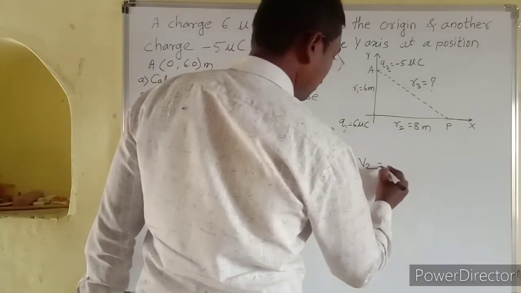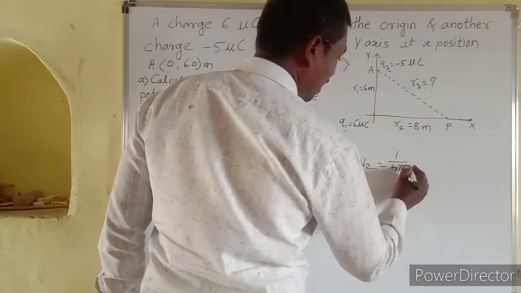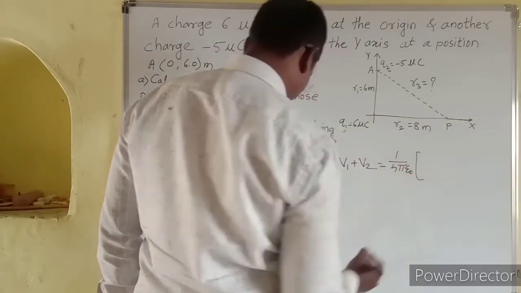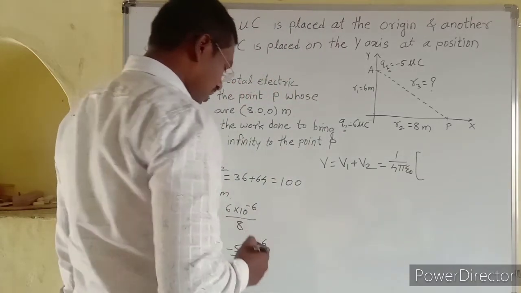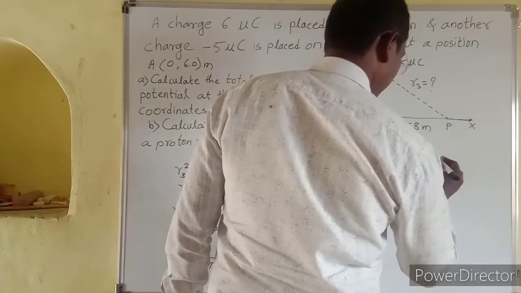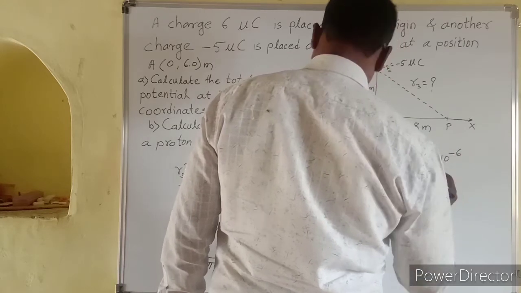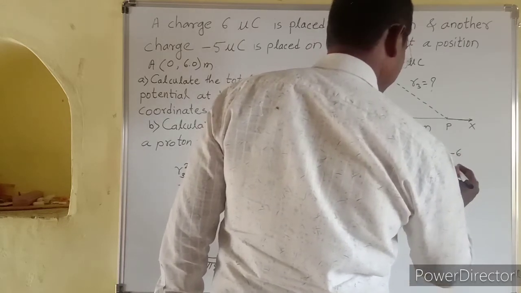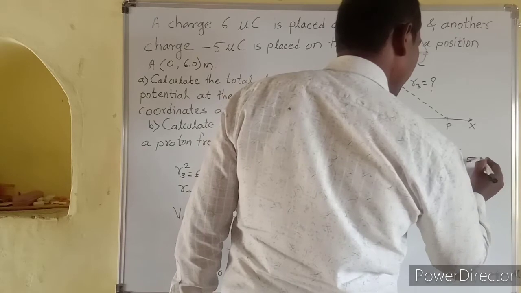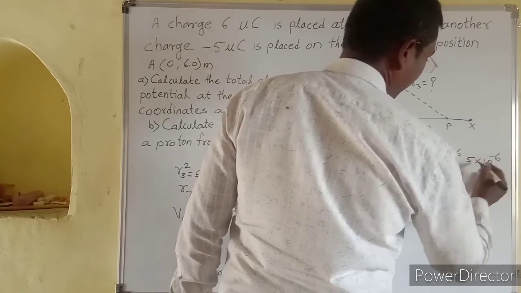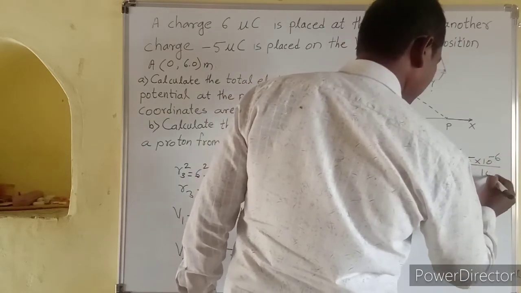Which is equal to 1 upon 4 pi epsilon naught into the bracket, 6 into 10 raised to minus 6 upon 8, minus 5 into 10 raised to minus 6 upon 10.